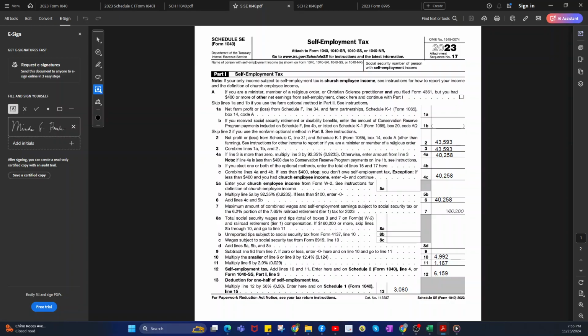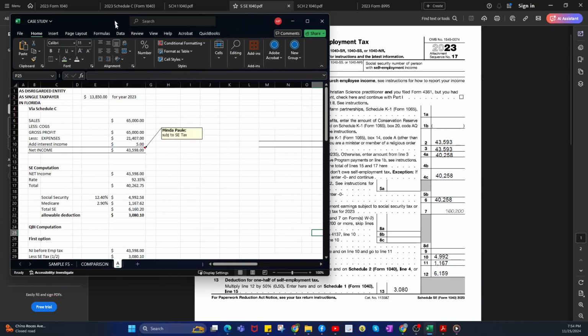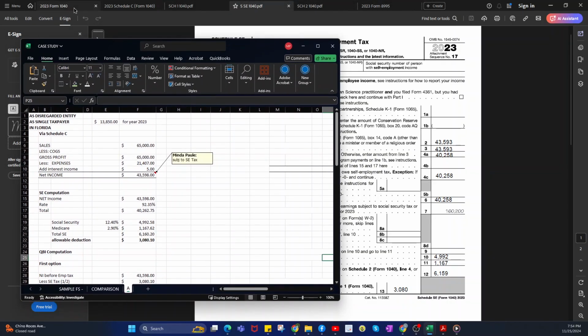Since this is a single member LLC, also regarded as a disregarded entity, whatever the result of the income will be the basis to compute the self-employment tax, because whatever the income of the business, it will automatically flow through to the tax return of the taxpayer.